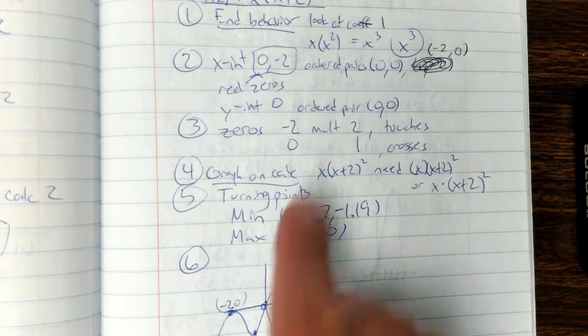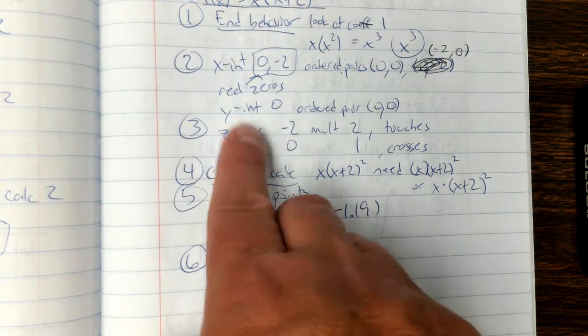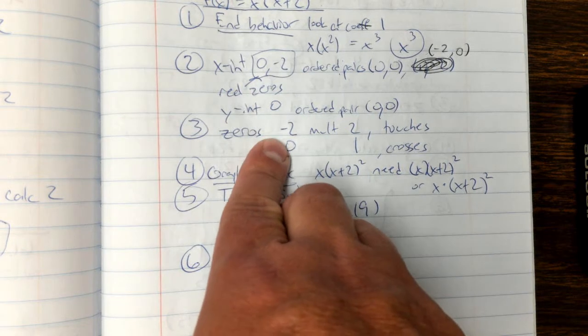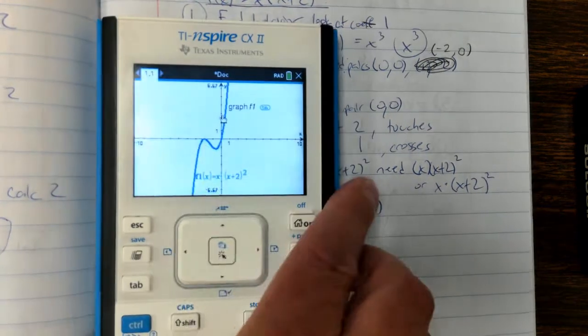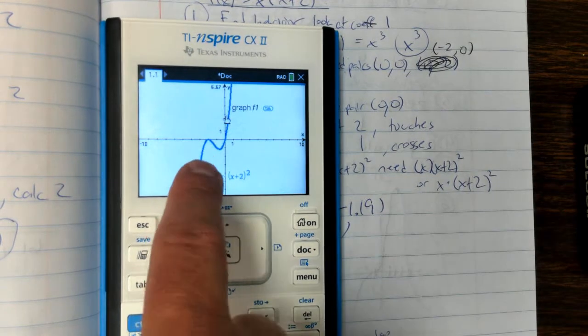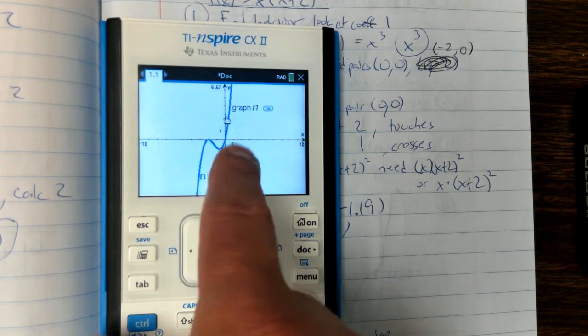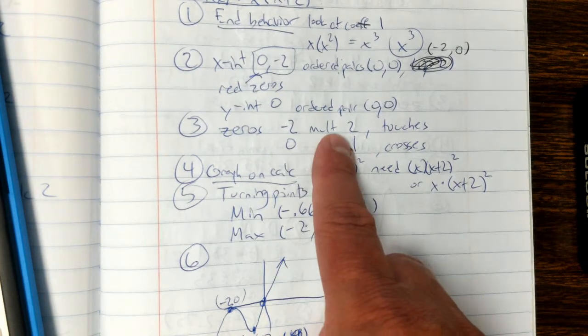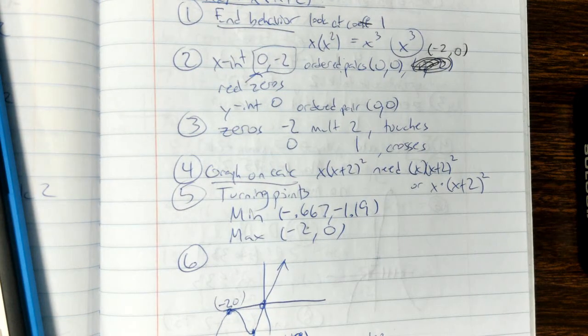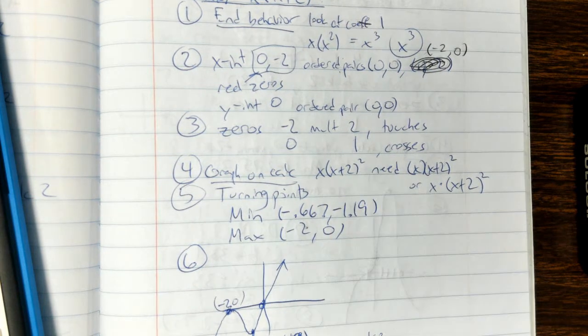The zeros, again, it's all related. The zeros are negative 2 and 0, but at negative 2, we notice that it touches or bounces, and at 0, it crosses. So you have negative 2 with multiplicity 2, and it touches. And at 0, it's multiplicity 1, and it crosses.